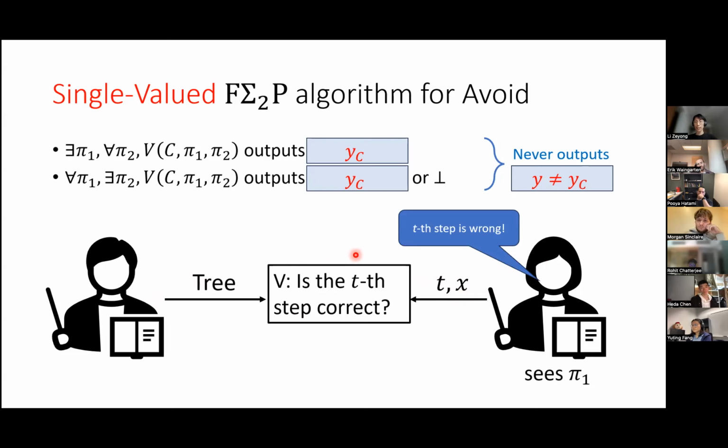And the verifier sitting in the middle just needs to verify: is the t-th step correctly executed? He might need to use the auxiliary information X, but fundamentally he's verifying a single step of the execution. And because the correct tree can be verified using the for all quantifier, this would work, except for one issue.